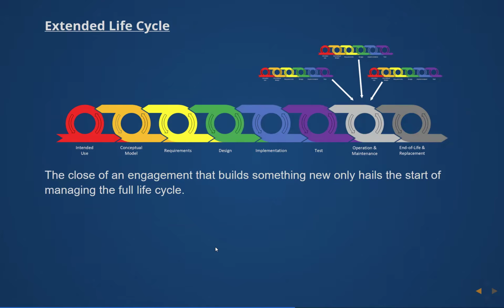So let's talk about the extended life cycle. These first six phases are the phases we work through iteratively to build the initial system. And then we turn it over to the customer, and then they operate and maintain this thing over time.